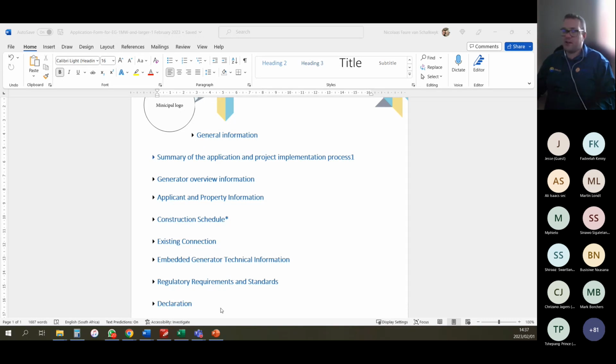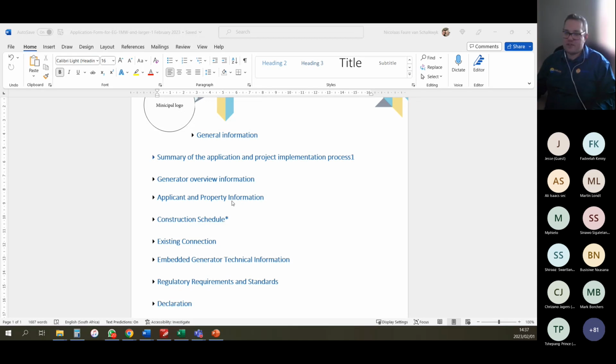Okay, so the general document form, we've got the general information, which has a little bit of background and tells you a bit more about where this is applicable and what the basic steps would be and how the application would fit in the whole process. Then there's a summary of the application and the project implementation process. There's a generator overview information, so that's the embedded generator overview, a lot of information there.